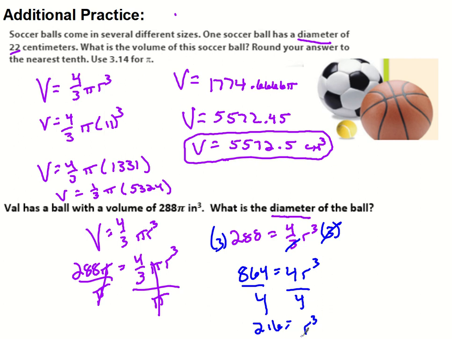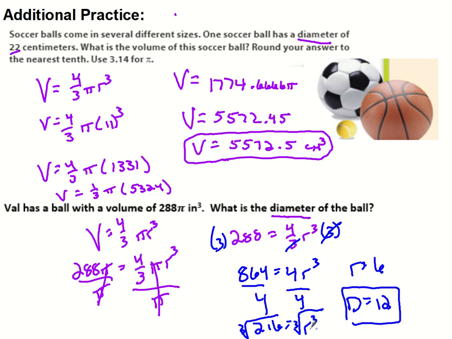This is when we do that cube root. So if I want to cancel out the 3rd power, I take the cube root, which is what times itself 3 times is equal to 216. Okay, so now for that, the answer is, I believe, 6. I'm just checking with my calculator. It is 6. So the radius is 6, which means I can double it, and the diameter is 12.